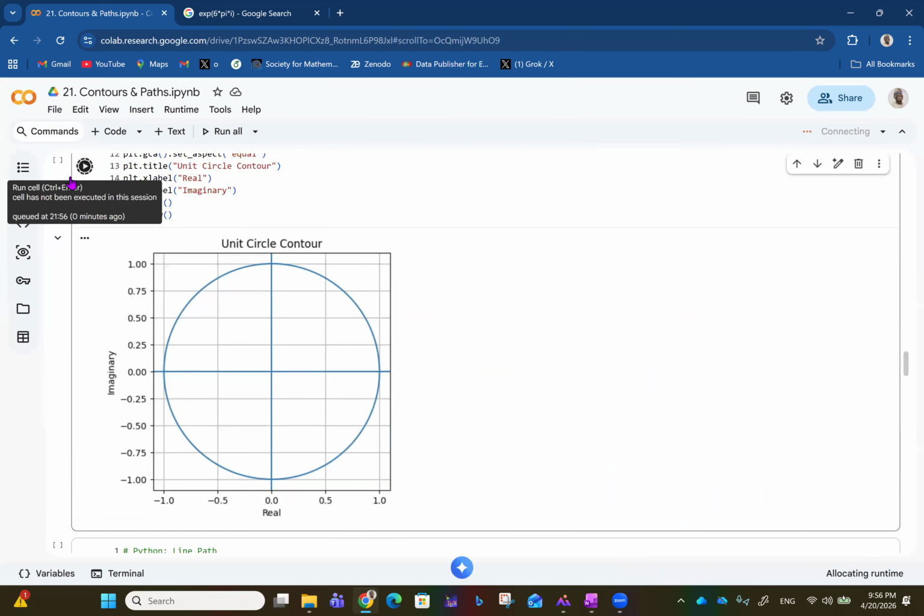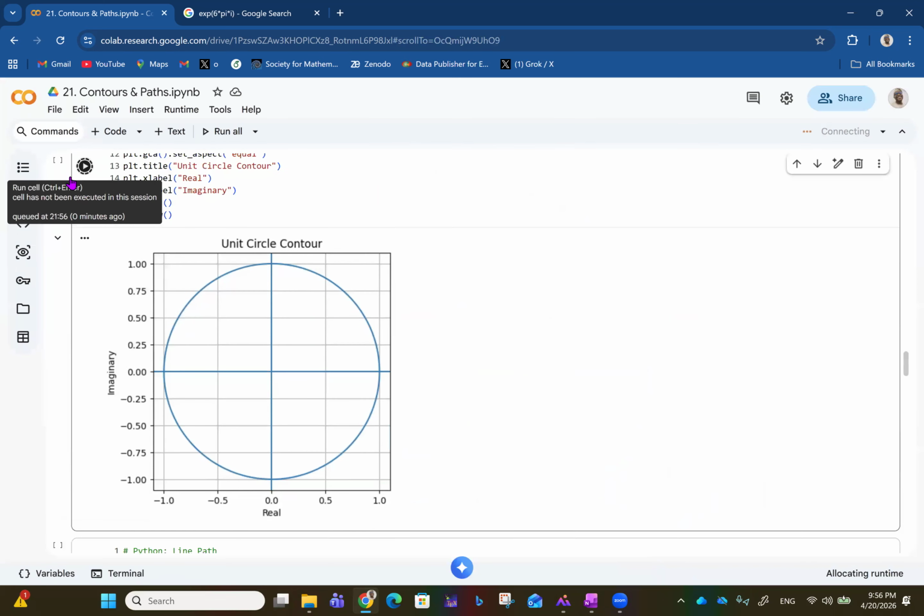When we differentiate z with respect to t, we get i e raised to the power it, so that dz itself is i e raised to the power it dt. This is a very crucial thing because we are going to need that for this expression. Then we can simplify. So that is step 1, right?